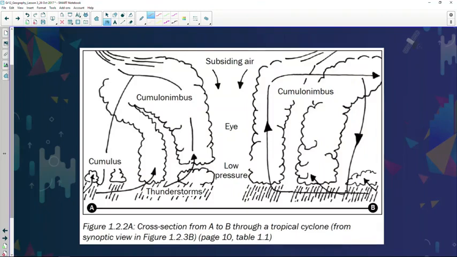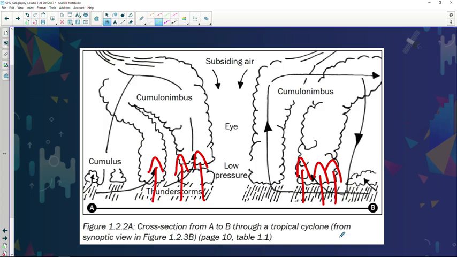Now, if you look at the mature stage of a tropical cyclone, this is a cross-section through a tropical cyclone. We've already established that what's very important is rising air, as you can see over there. Why do we experience rising air?